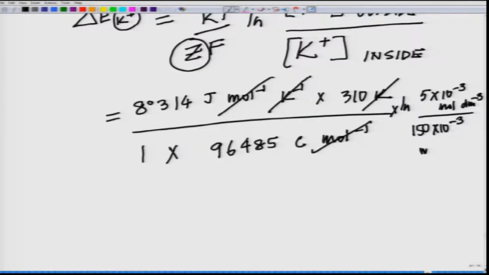The 10 to the power minus 3 gets cancelled.